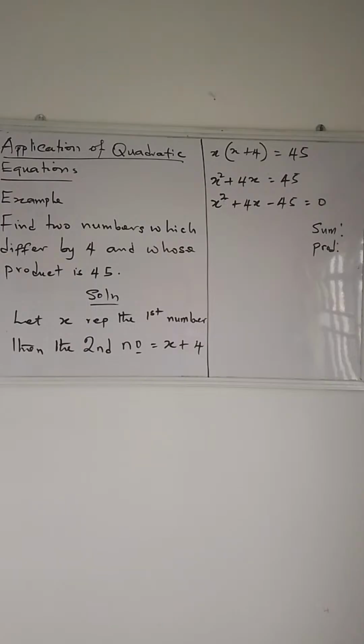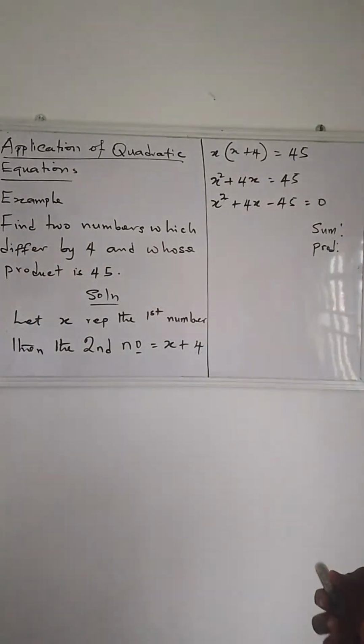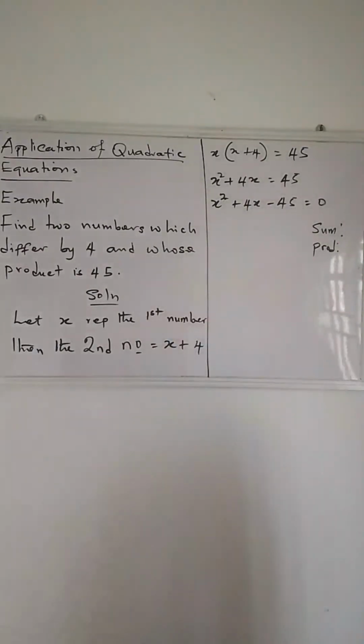Okay, sum is 4 and we have 4 and minus 45. Victor, we have sum is 4 and product is minus 45. Omolara again. Okay, good. So yes, that is the sum. I just want to be sure that we still remember what we did the last time.